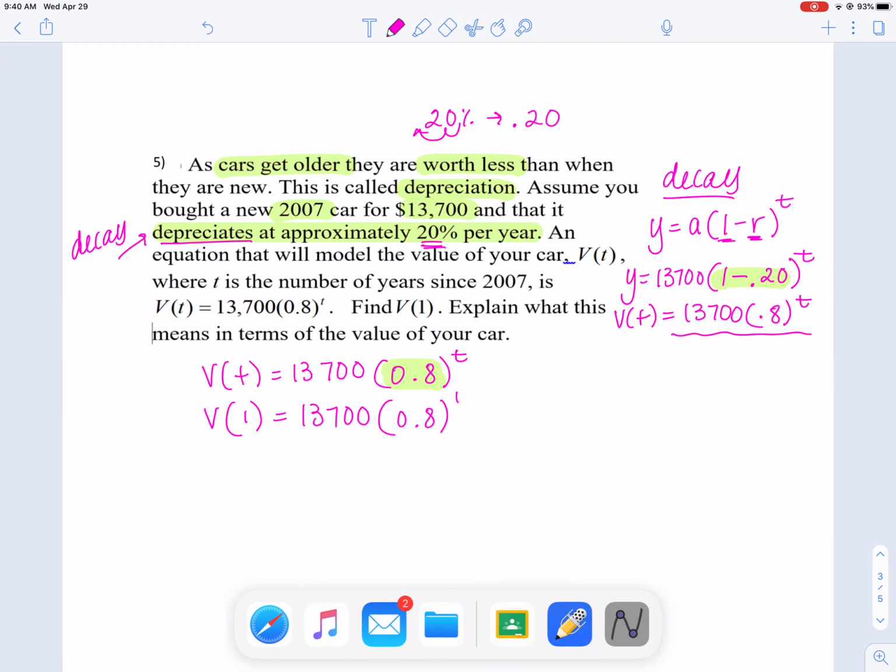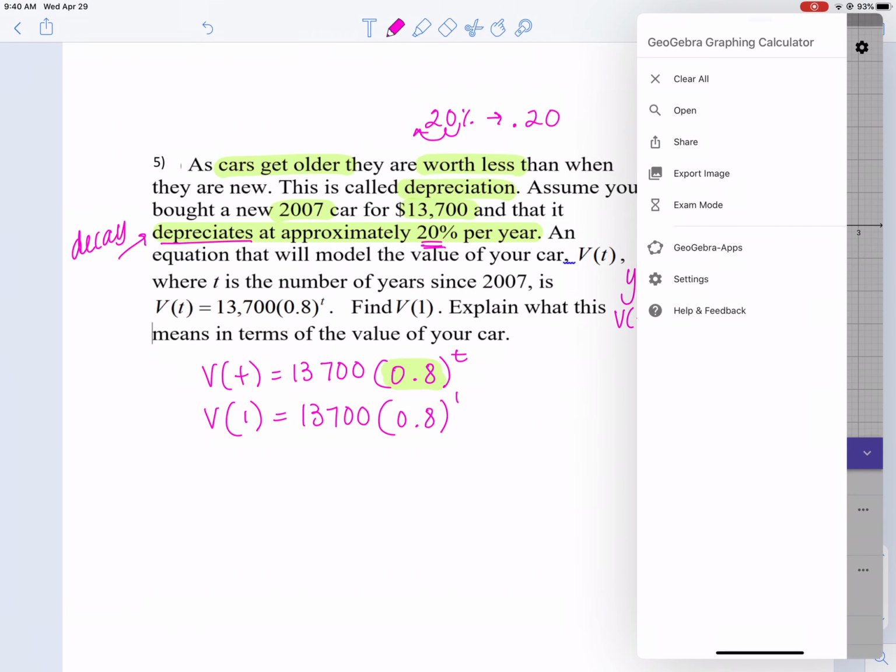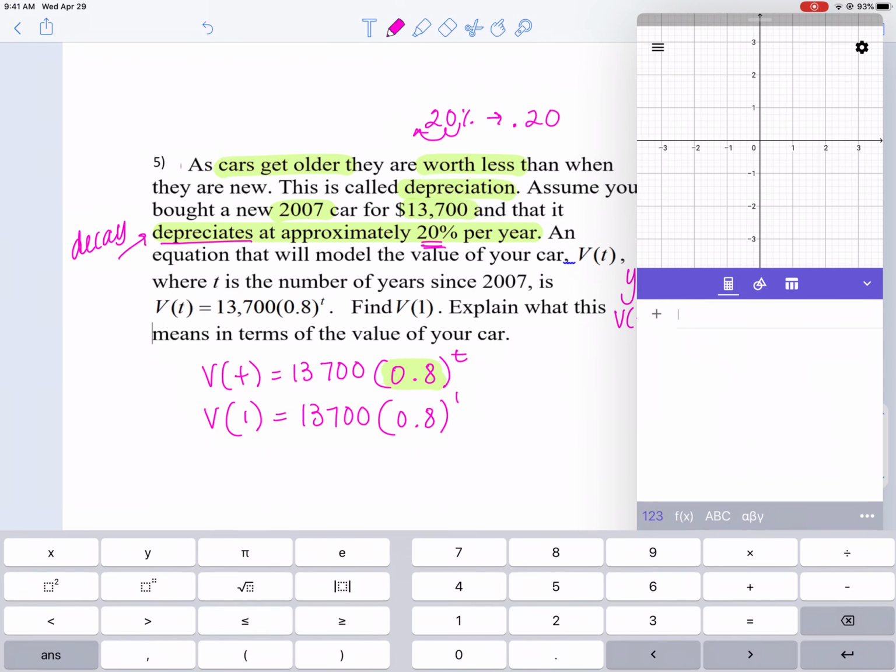So I'm going to bring this up. I'll clear everything out. It's getting to be too much. And I'm going to do 13,700 times 0.8. And I'm going to raise it to the first. That's not what I meant to do. Technically, I don't even have to raise it to the first. There's my number.